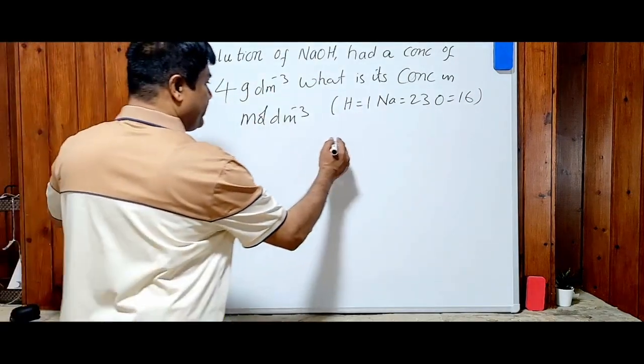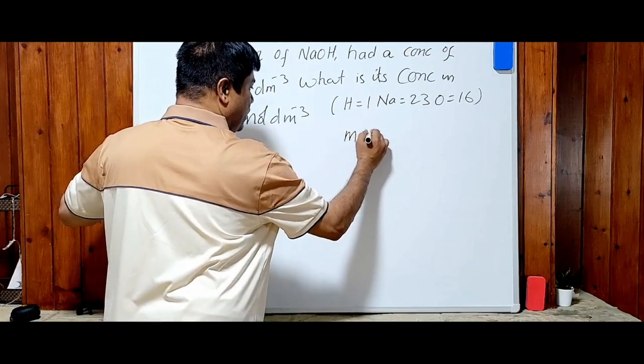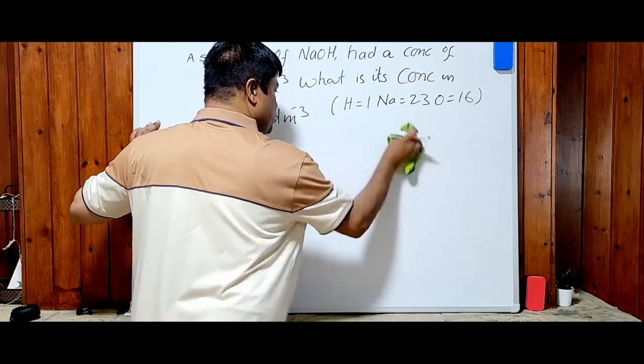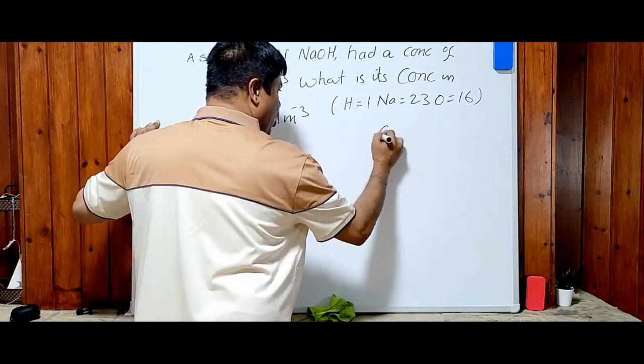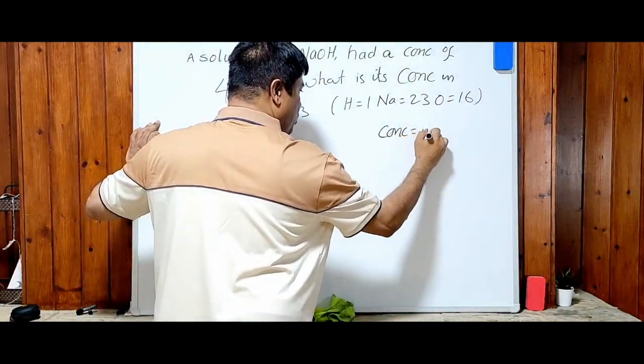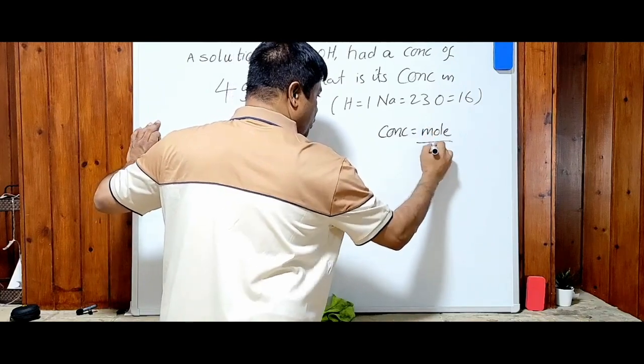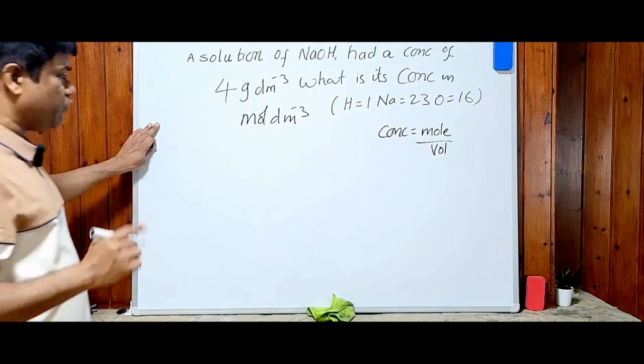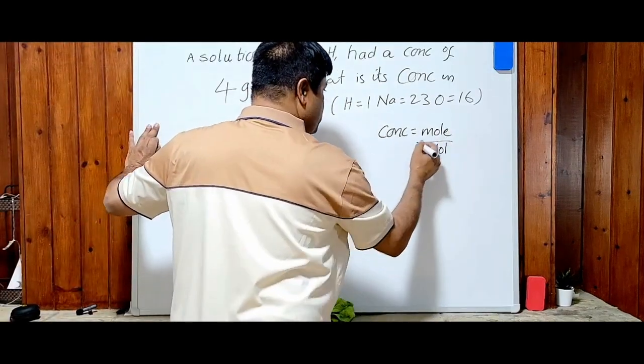Look at that. Concentration is equal to mole over volume. We know that. Concentration equals to mole over volume. What is mole in terms of mass?